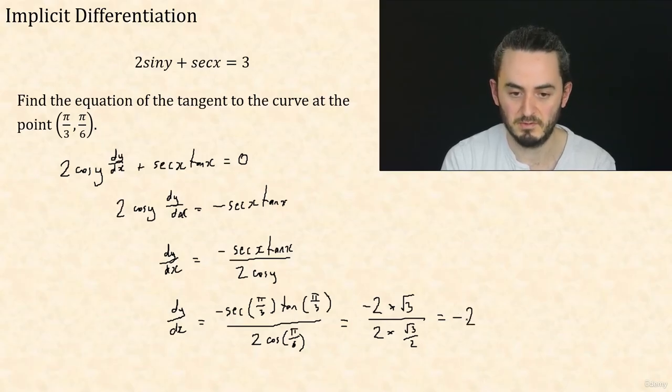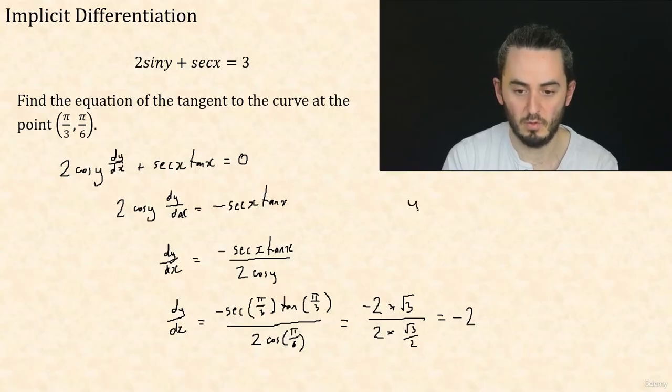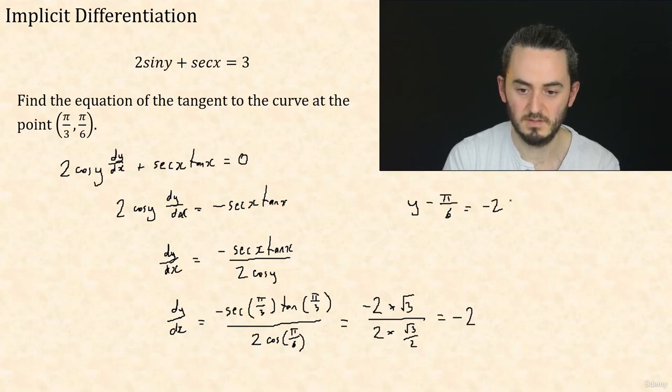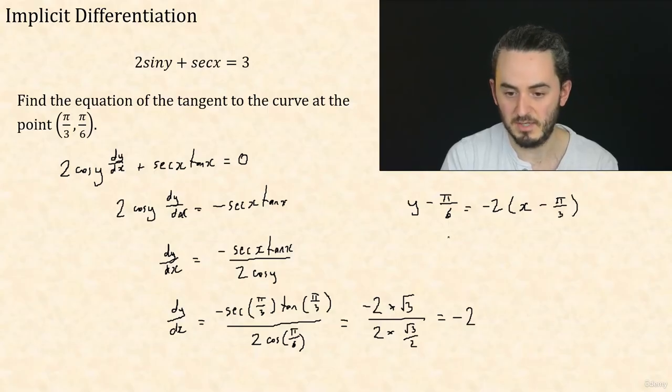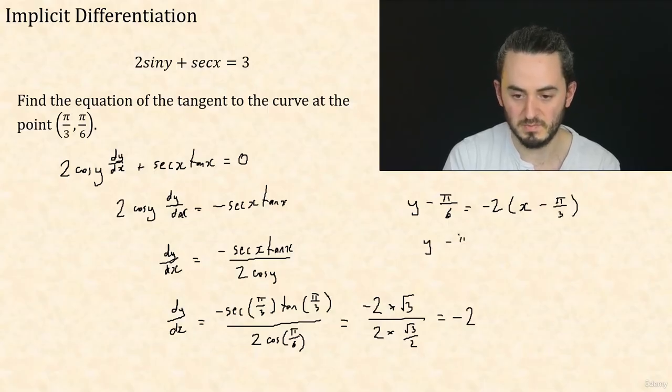So there's the gradient, there's my point. The equation of the tangent is therefore y minus the y value equals the gradient times x minus the x value. Expand this out a bit if we want. y minus pi over 6 equals minus 2x plus 2 pi over 3.